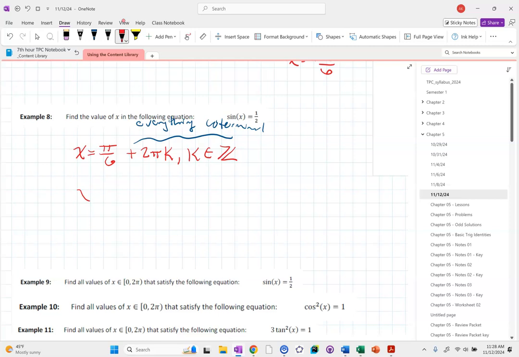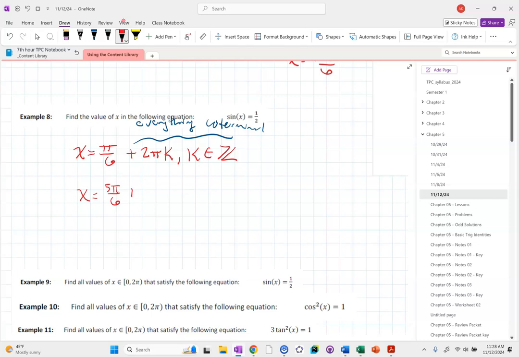Similarly, from the previous question, we also know that 5 pi over 6 is a solution. Are pi over 6 and 5 pi over 6 coterminal? No. How do you know? The difference between them is not a multiple of 2 pi.